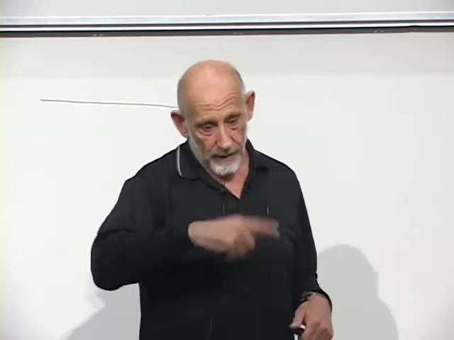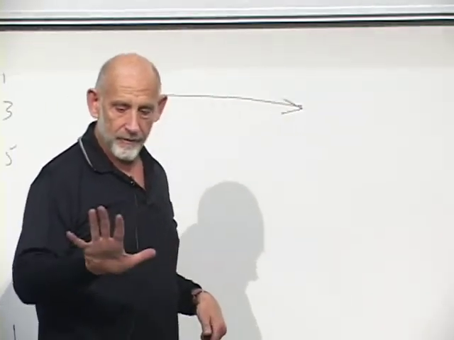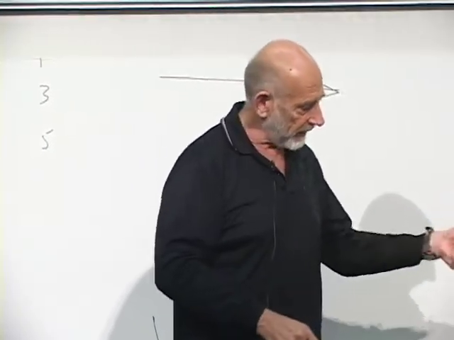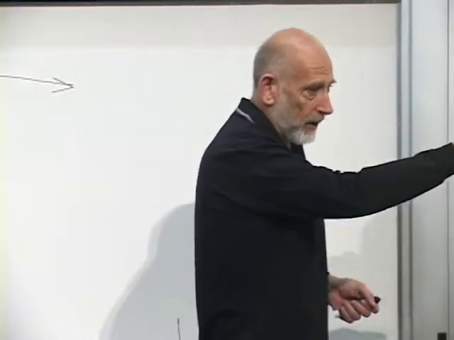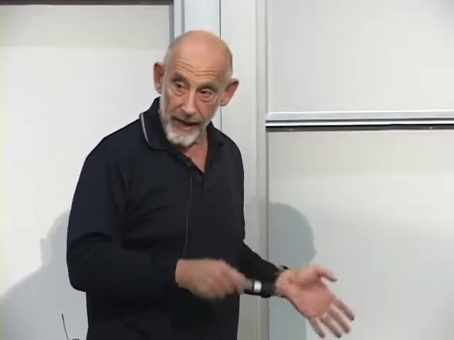Spin has to do with rotation. Momentum is a vector along an axis. My right hand, my fingers curl right-handedly. My left hand, they curl left-handedly.